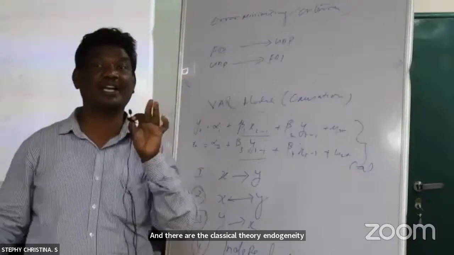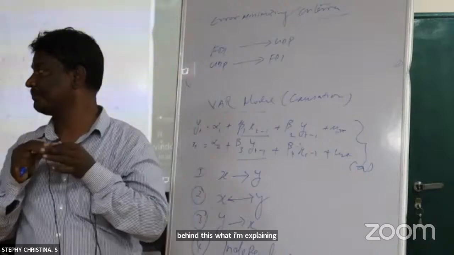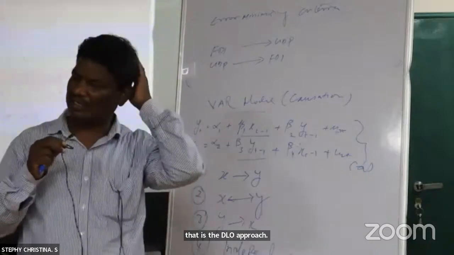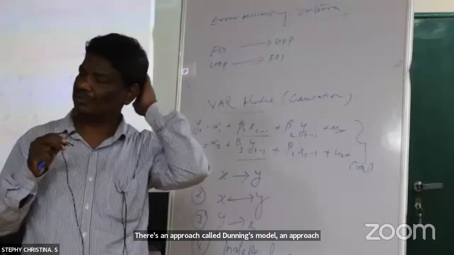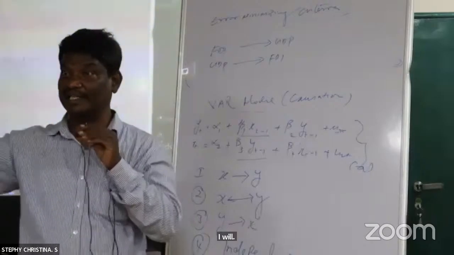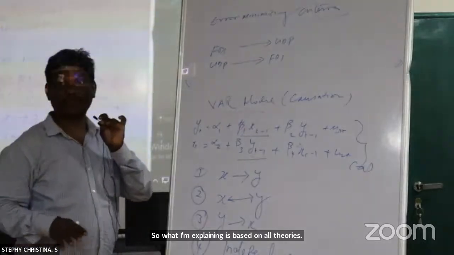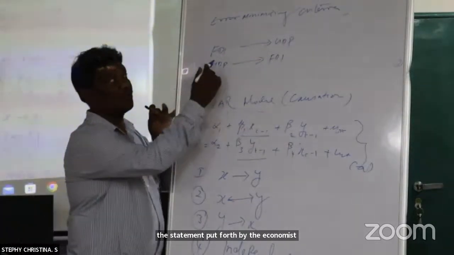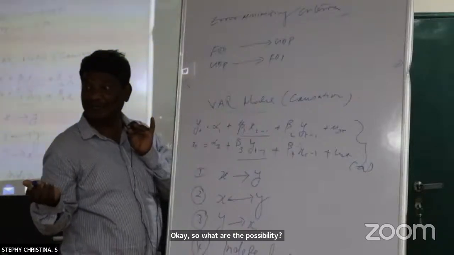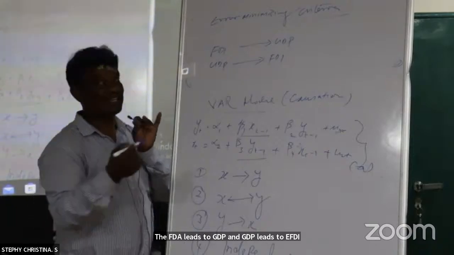Behind this there is Dunning's model, an approach from long back. What I'm explaining is based on theories put forth by economists. So the possibilities are FDI leads to GDP and GDP leads to FDI. There is also a possibility of two-way causality.